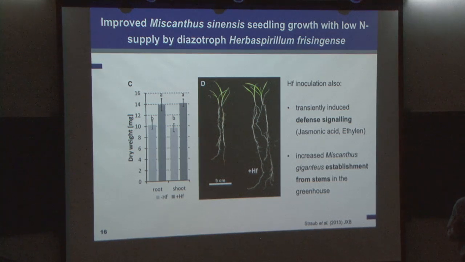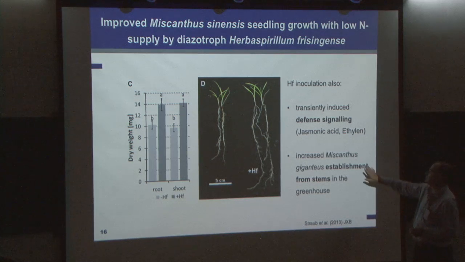for this nitrogen fixation. And when we worked on this, we actually did not really find that this bacterium, when inoculated in the plants, was helping to acquire nitrogen, but the bacterium was somehow improving growth. It was increasing root growth. Initially, transiently, it did some defense signaling, which we analyzed by RNA-seq.